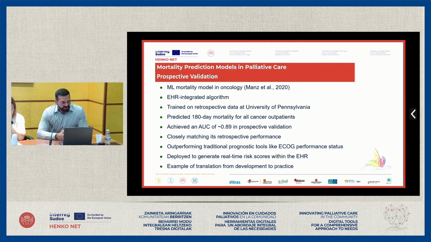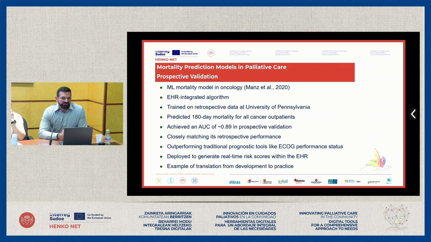And the interest of this one is that the accuracy closely matches its retrospective performance, meaning that it has been developed retrospectively, sorry, and also validated prospectively. And this is one of the unique models validated prospectively.